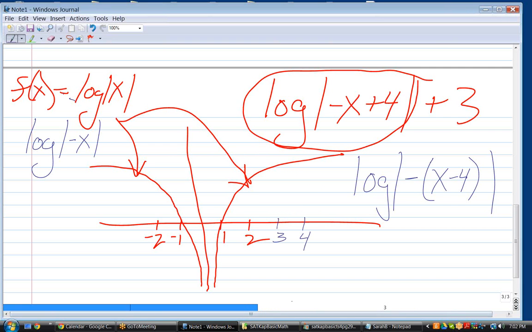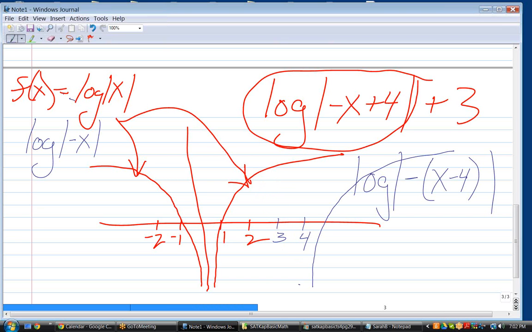We can test this. So let's see. If I'm correct, this thing should look something like this. Hold on. Let me draw that left part a little better.